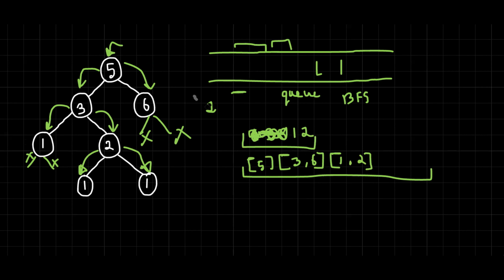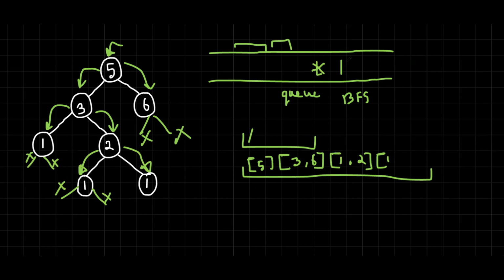Now let's process the final level, which is 4. Now the top element of the queue is 1, so we have to remove it and insert 1 into the temporary vector. Now 1 does not have any left and right children, so we don't have to insert anything into the queue.